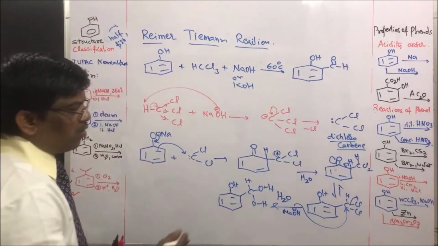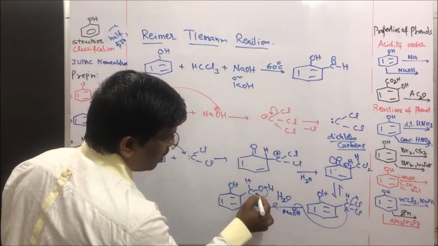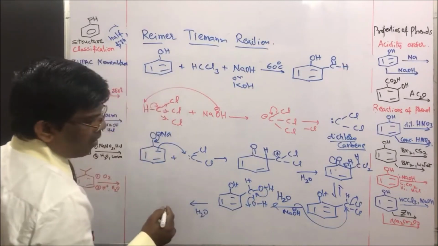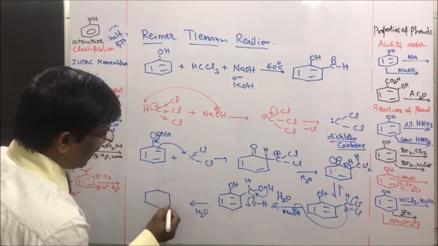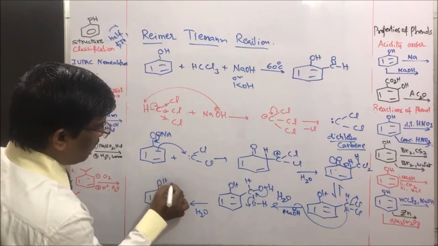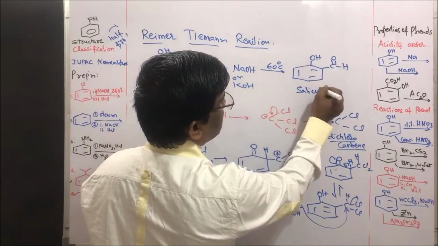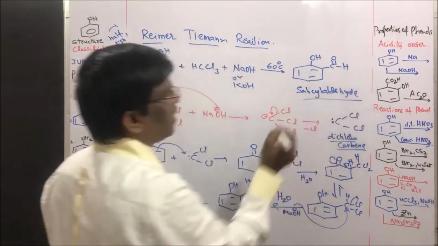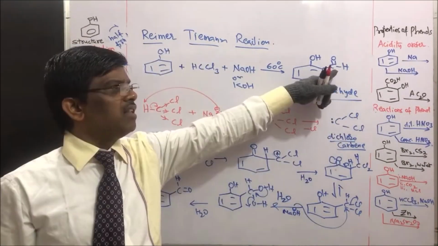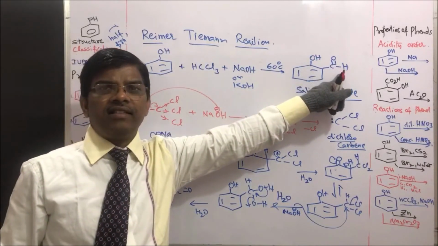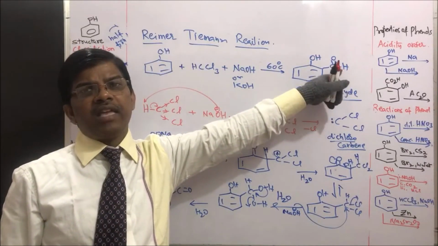This type of diol you may expect, and it is going to lose a water molecule to form this aldehyde. What is the aldehyde we are going to get finally? It is salicylaldehyde. Salicylaldehyde is a very important synthetic compound. Salicylaldehyde upon oxidation is going to give salicylic acid. That salicylic acid is what we use to make aspirin also.